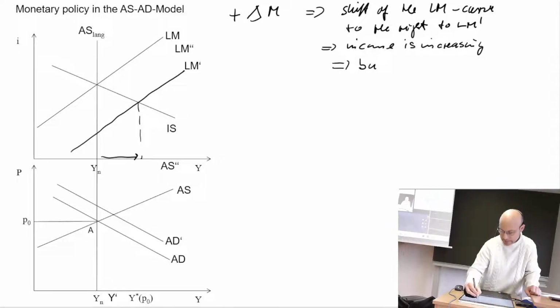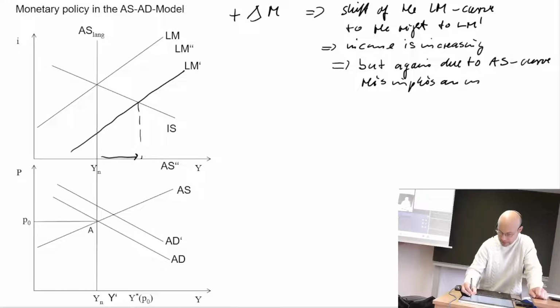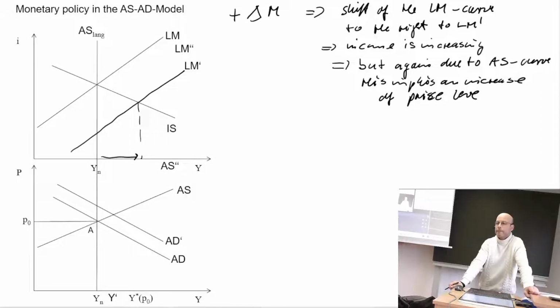But again, due to the AS curve, this implies an increase of the price level. So at the first step, we have an increase of the nominal amount of money, and this now triggers an increase of the price level.